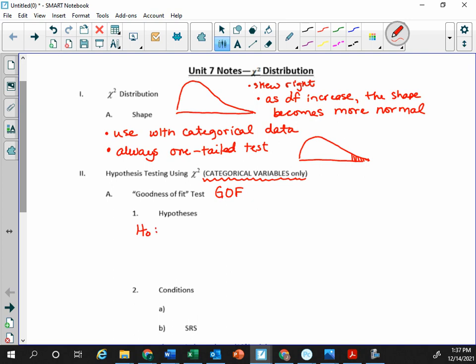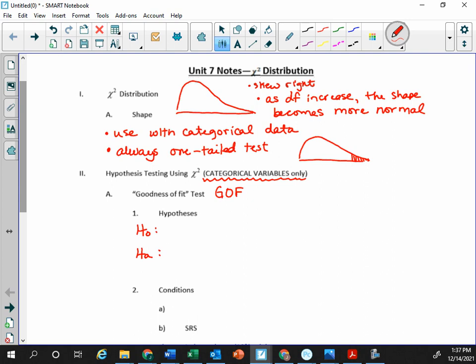You still have to write a null and an alternative. And most of these are going to be stated in words this time instead of like, before, mu equals something. Here, because there's so many different pieces you're looking at, it's easier to write it in words than to write out all the different pieces.